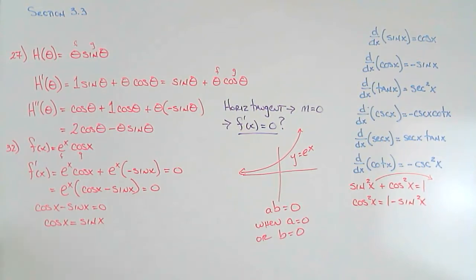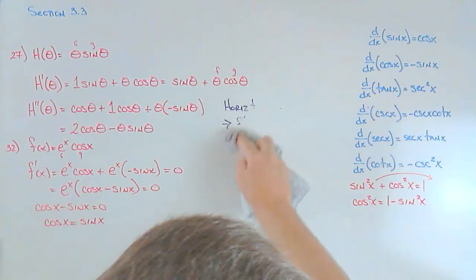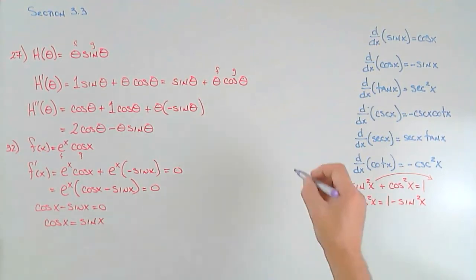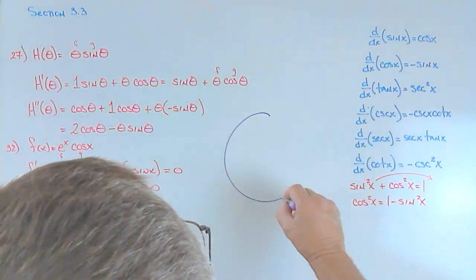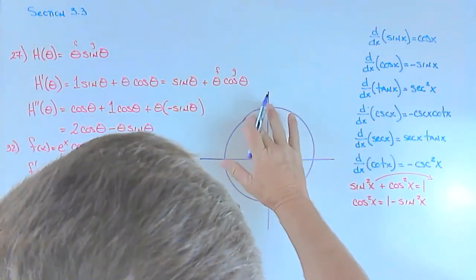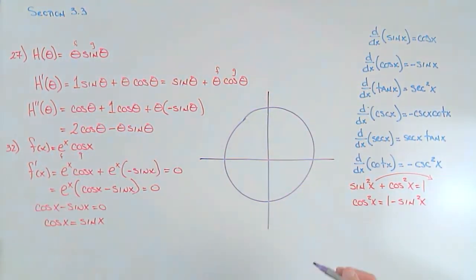Okay, there's a lot of ways for us to solve this, right? None of them involve us factoring and setting things equal to 0, though. We have to think about, when is cosine equal to sine? The easiest way, I think, to visualize this is go back to our friend the unit circle, right? If we go back to the unit circle, what did we say on the unit circle?